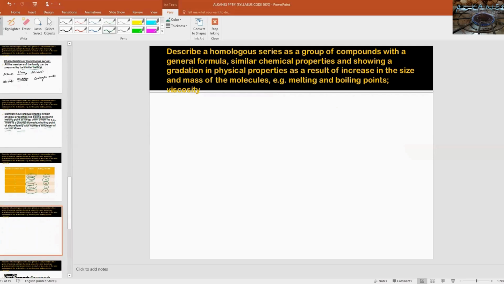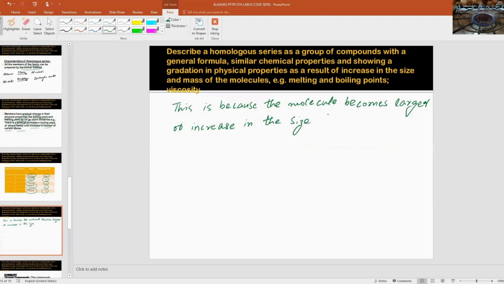This is because the molecule becomes larger, with increase in size, with the increase in carbon chain and mass of the molecules.